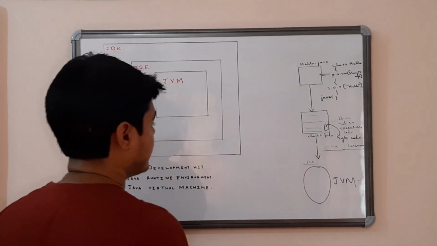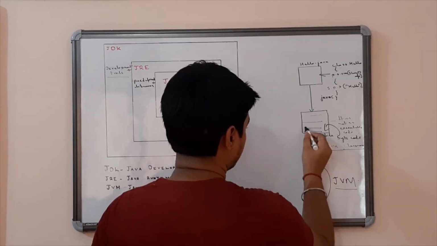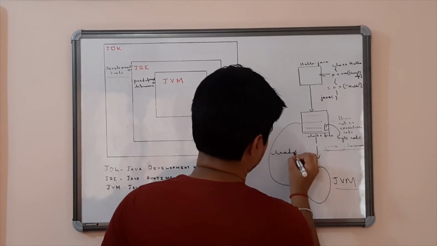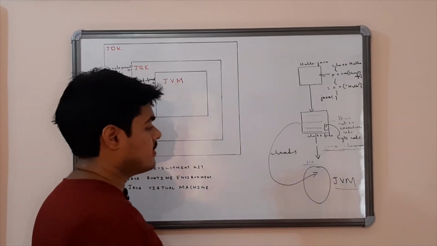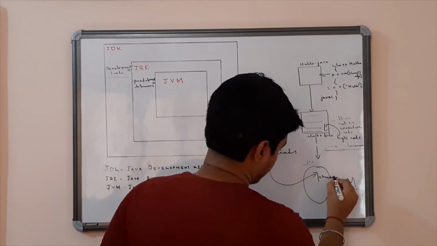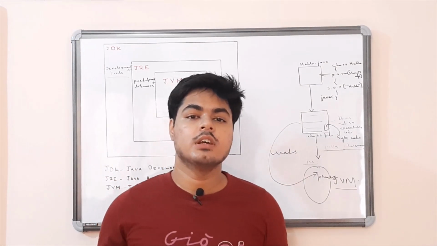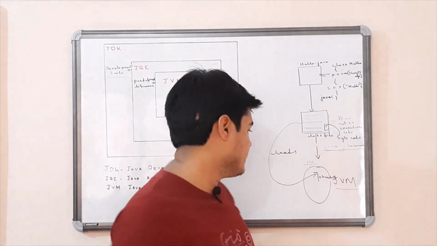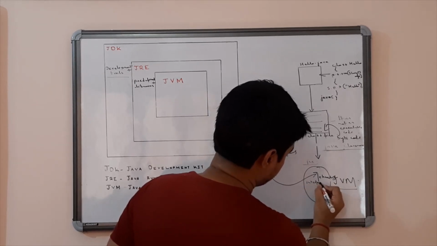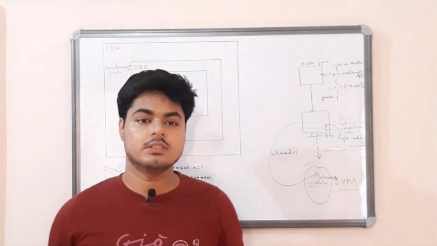The next thing is the class loader, which is a part of the JVM, loads this .class file in the JVM. Then it checks whether the .class file, that is the bytecode, contains any illegal code or not, and if everything goes right, then the interpreter present inside the JVM starts executing from the main function.